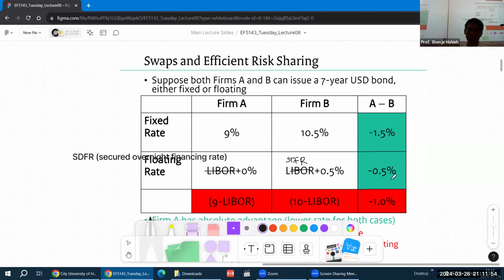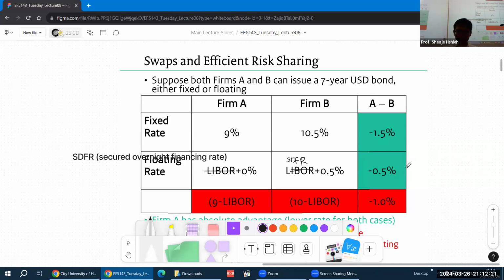Firm B is riskier, with higher rates, no matter what kind of rates are offered by financial institutions, intermediaries and banks. But that's not the point here. What I'm going to show you now is that firm A and firm B have different comparative advantages in borrowing certain interest rates.